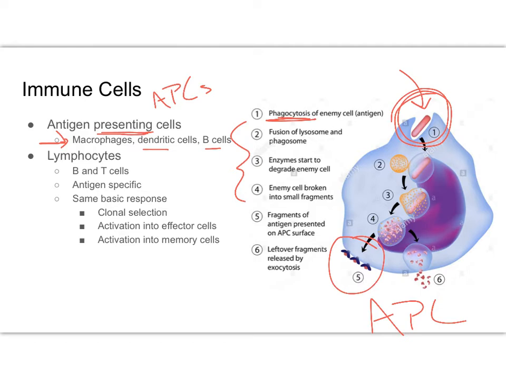Some other types of immune cells are your lymphocytes. For lymphocytes, we have two basic kinds: B cells and T cells. We'll talk about each one of those individually. These lymphocytes are screened in the beginning for a self-response.